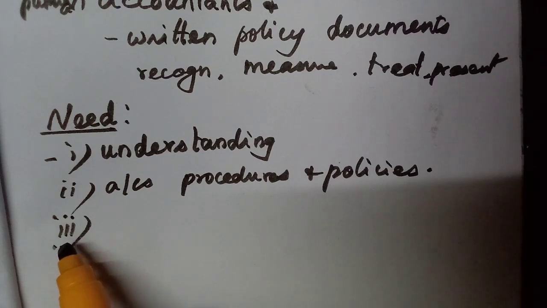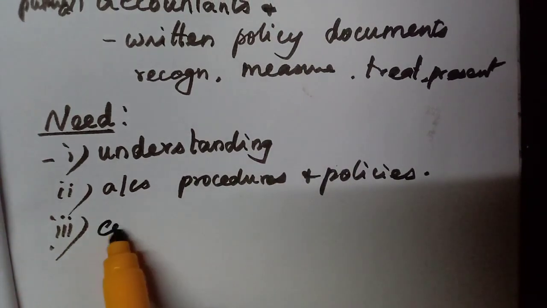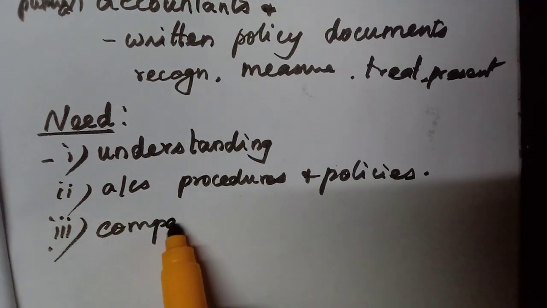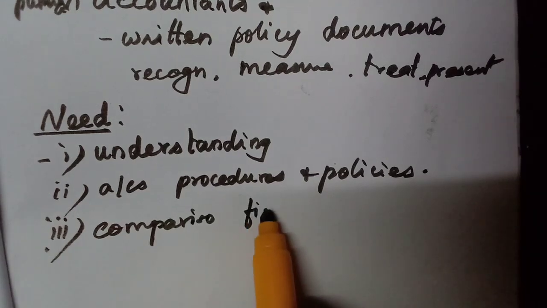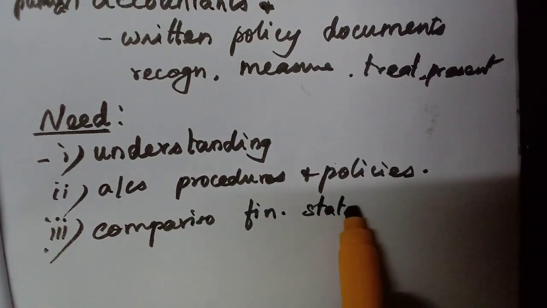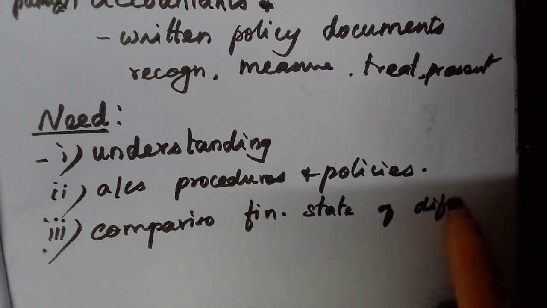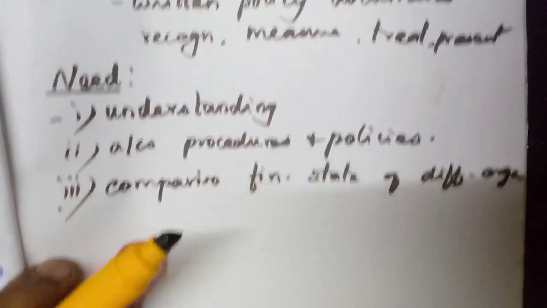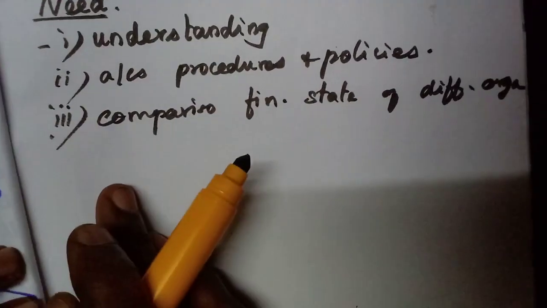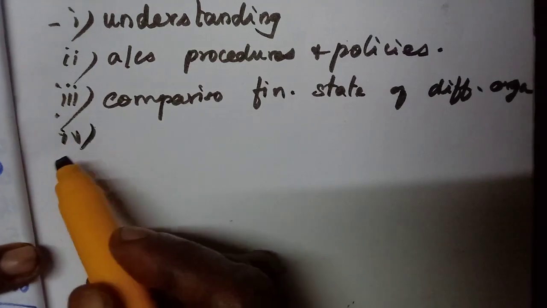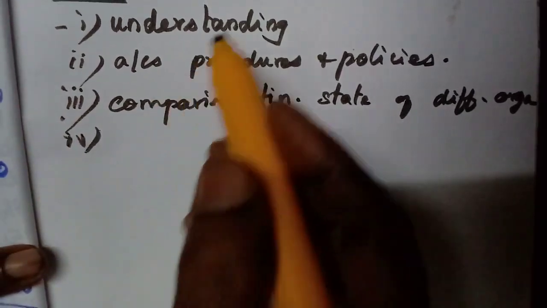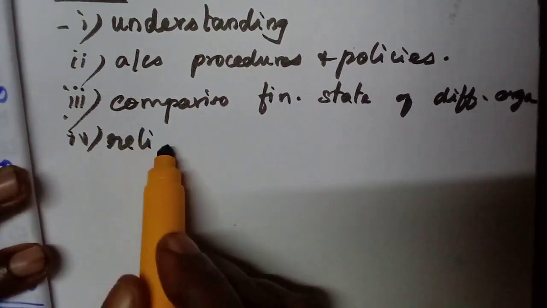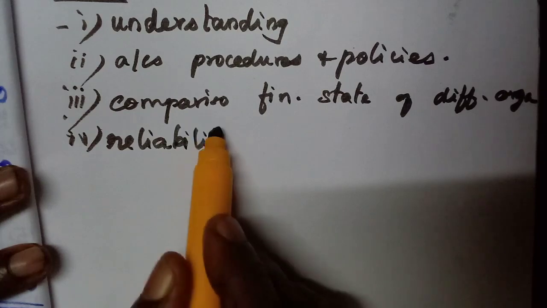Third one, then we can have comparison. We studied that, isn't it? Comparison can be made of the financial statements of different companies or different organizations. Then the other need: it enhances the reliability. We have studied now each one: consistency, comparability, adequacy, reliability.